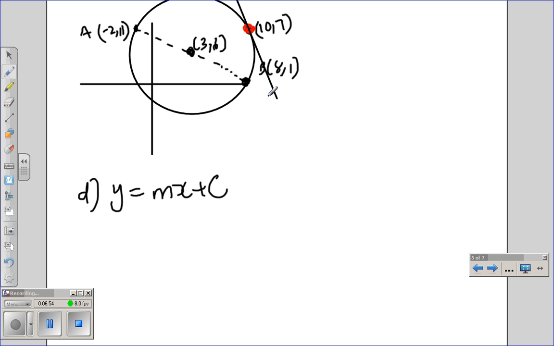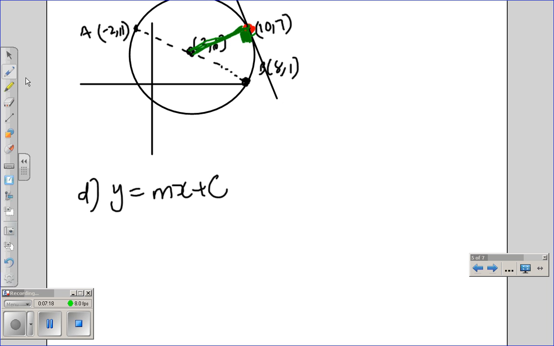However, you need to know the property that a radius and the tangent at the end of that radius are always at 90 degrees, despite my sketch not looking exactly 90, it's not bad. So this green line here, if we can find the gradient of that, which we can easily because we know two points, then we will just find the perpendicular of it.